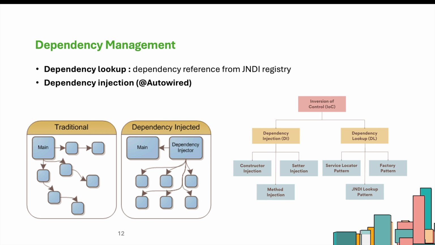Dependency lookup means, in a small application where we are dealing with a database, maybe MySQL, when you start the Spring Boot application, it will make sure that the database connection is established and available for you. It will also create the basic configurations for you. For the database connection, it will check for the dependent jars: how many jars are needed to connect to the database, and how many jars we configured for the logger, as well as the dependent logger.